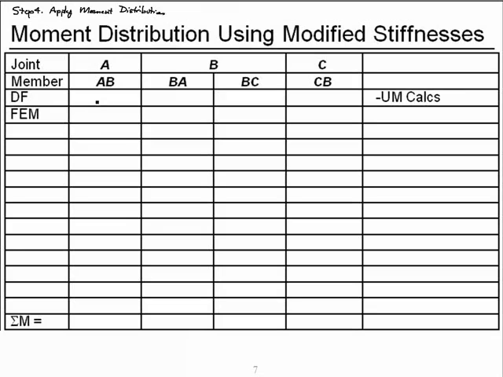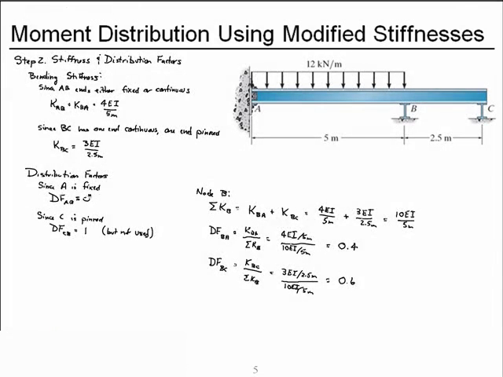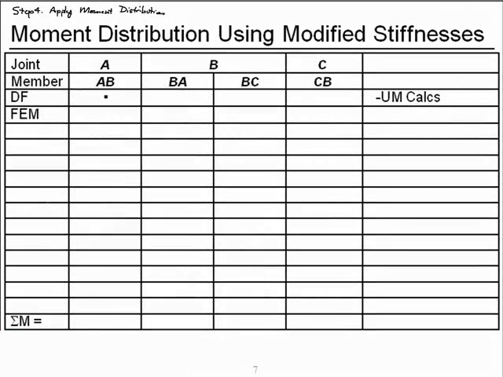So let's input the distribution factors we calculated. For node A, member AB, we found the distribution factor to be 0. And for node B, we found the distribution factors to be 0.4 and 0.6, and node C, 1. So we have 0, 0.4, 0.6, and 1, even though we won't use this one.